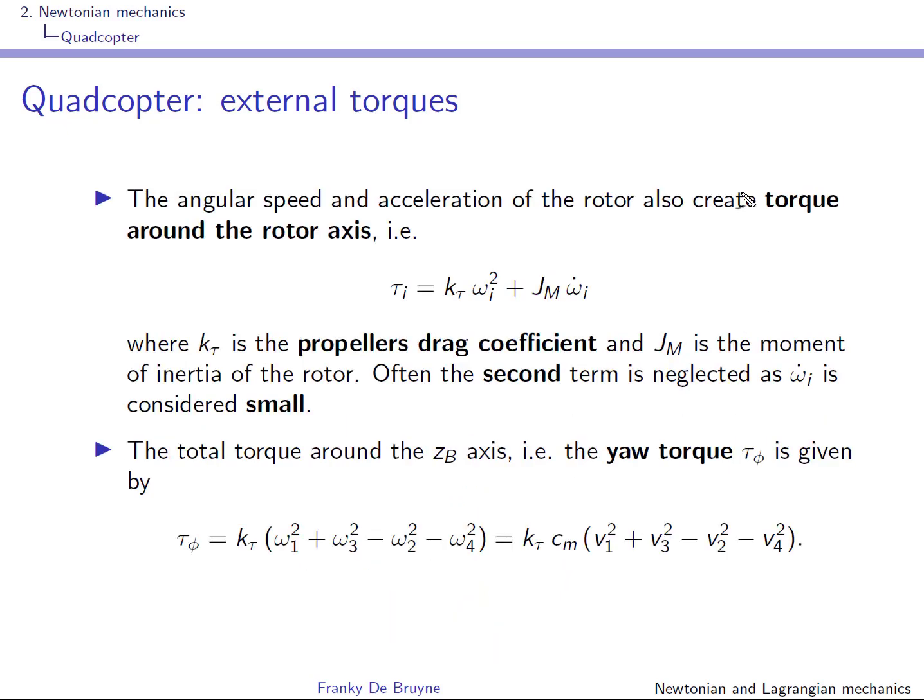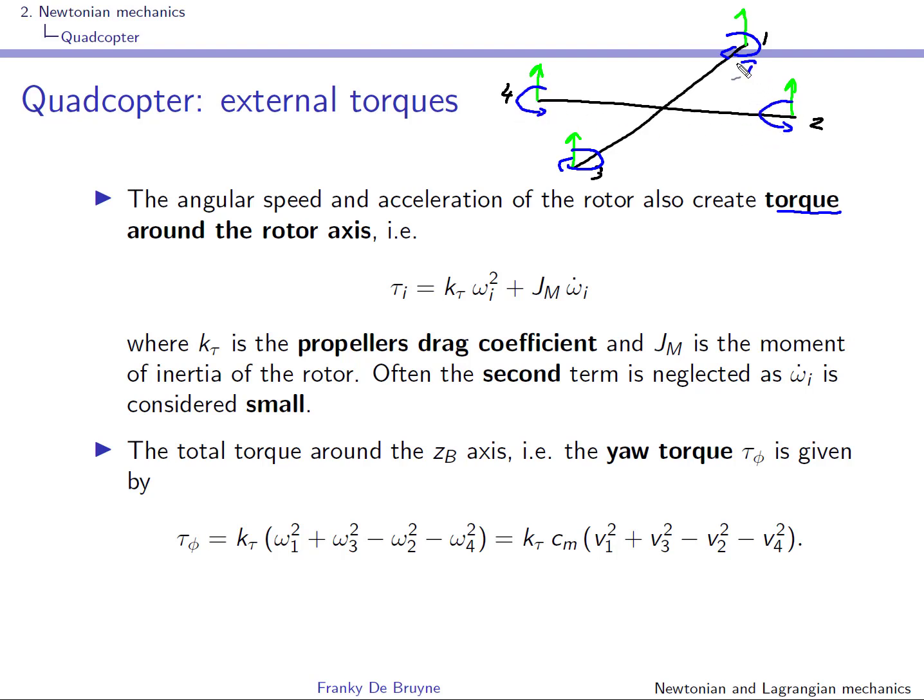Okay, we had seen that each rotor was producing a thrust 1, 2, 3, and 4, right? So the thrust was upwards, but each motor will also produce a torque. This one will be in this direction also, and here you have a torque in the other direction.